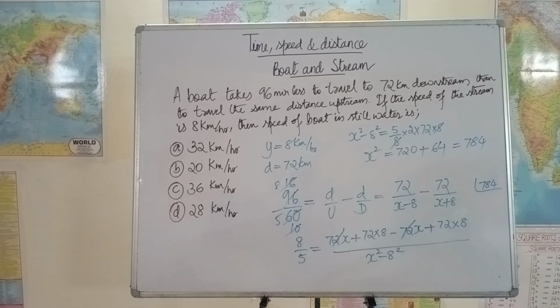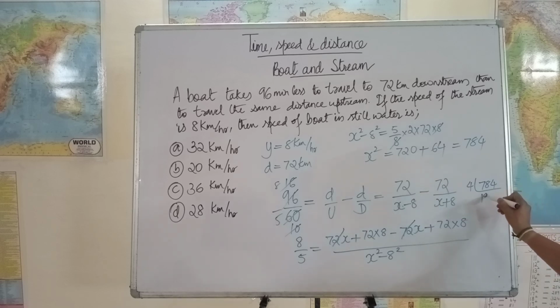It should be divisible by 4. Let's try with 4. 4 ones are 4. We have 38. How many times? 9 times is 36. We have 24. 6 times is 24.